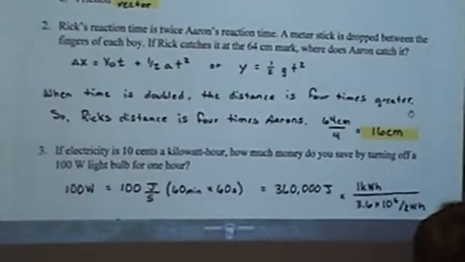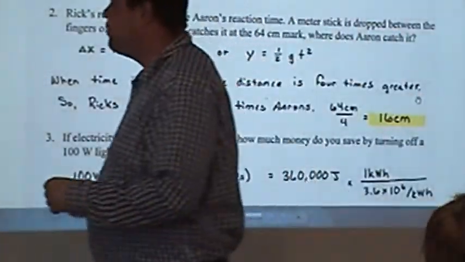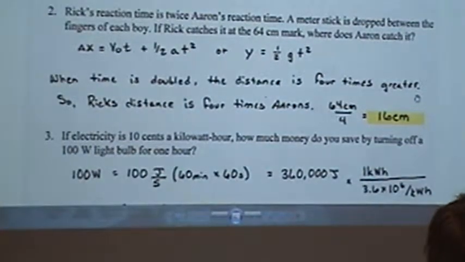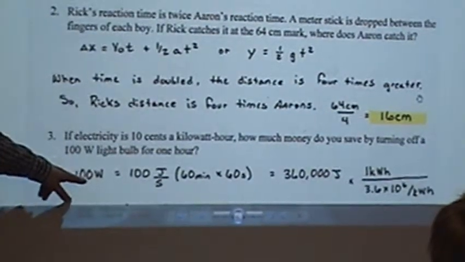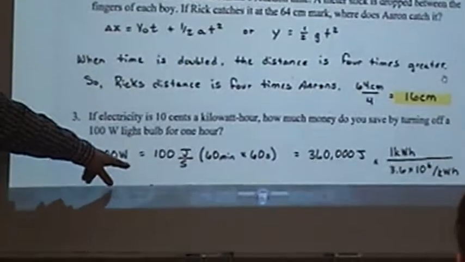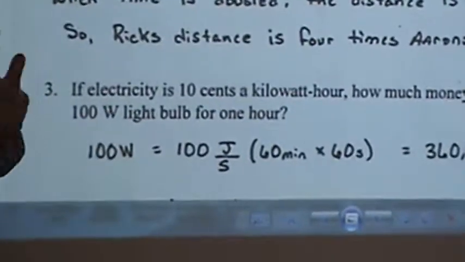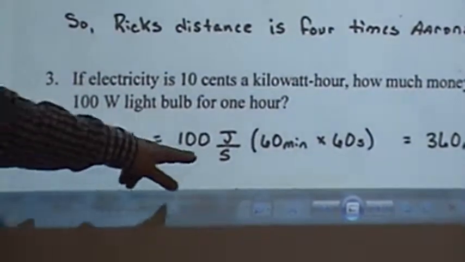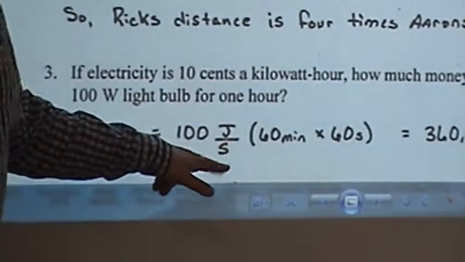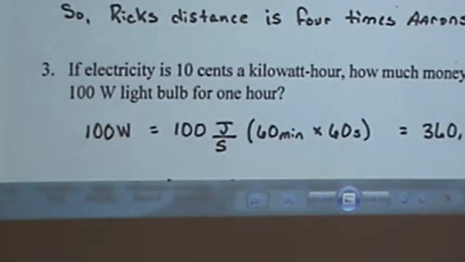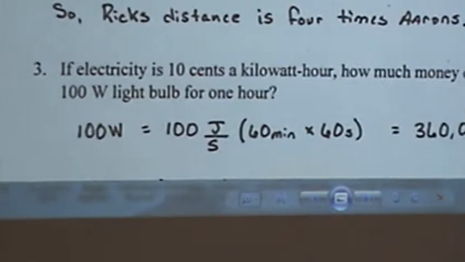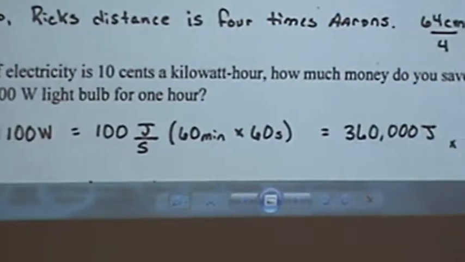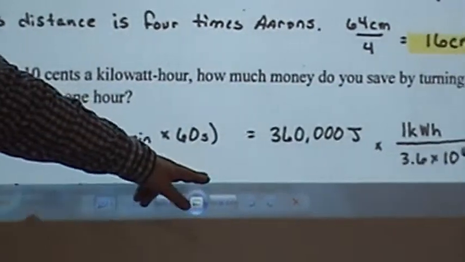Number 3, we talked about a kilowatt hour yesterday. A kilowatt hour, well, first of all, a watt is a joule per second. Power is energy per second. So 100 watts is the same thing as 100 joules per second. Times 1 hour, because we're trying to find out what a kilowatt hour is, an hour is 60 minutes times 60 seconds, or 3,600 seconds.